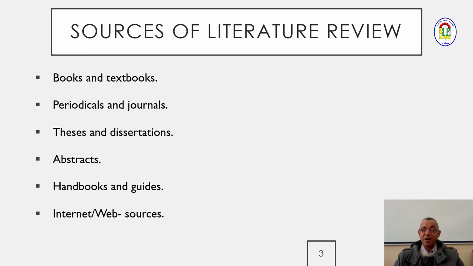Abstracts. What is an abstract? An abstract, it is that summary of the study that we may find in theses and dissertations. It appears in the opening part of the thesis or dissertation, and generally it's drafted only on one page.